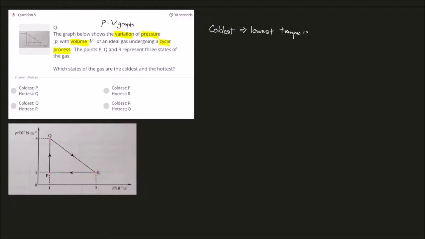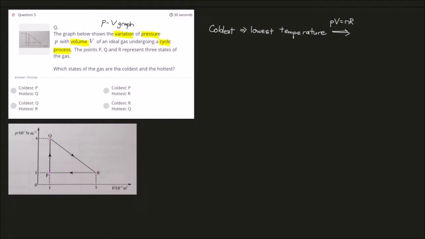How are you able to obtain the lowest temperature? Well, this is a PV graph, they don't give you T. So what you need to do is to find the relationship between P and V to T. You know the relationship that PV equals nRT.